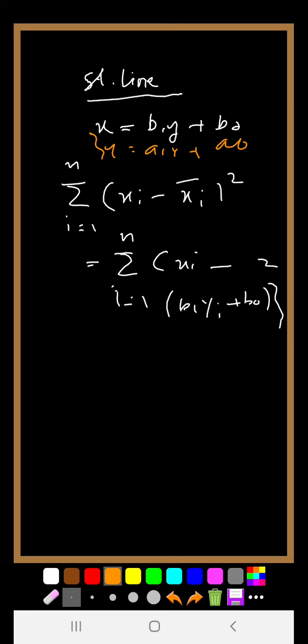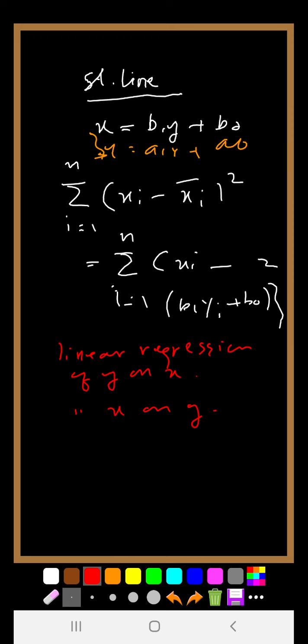One is called the linear regression of y on x for the first case, and the other one is called x on y. Now we need to minimize the values so as to get the best fit.